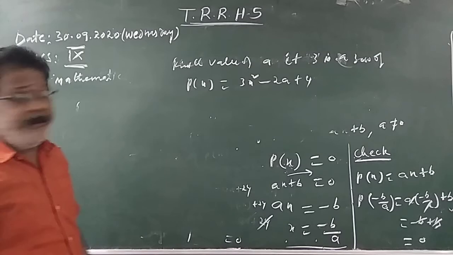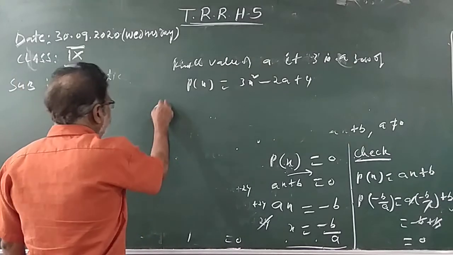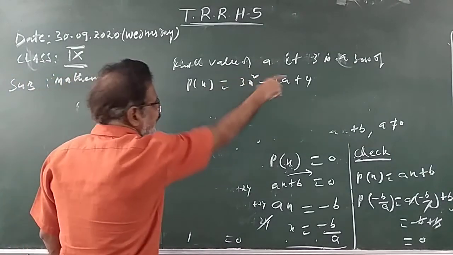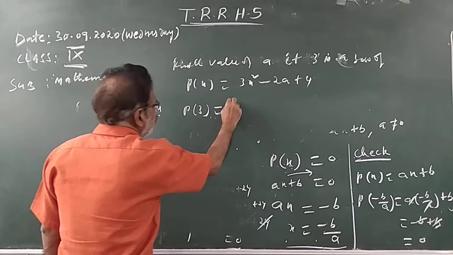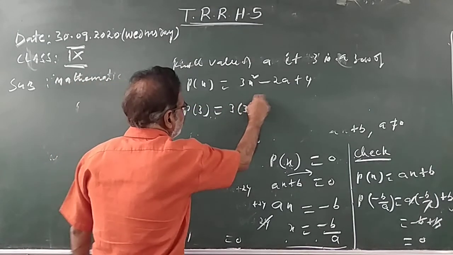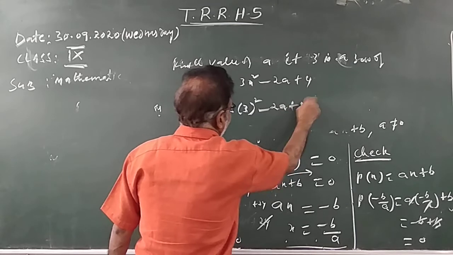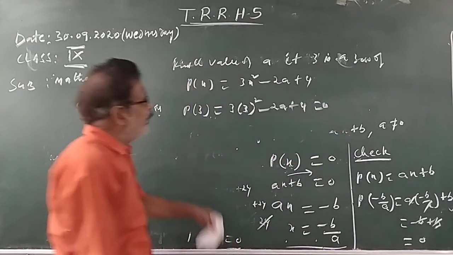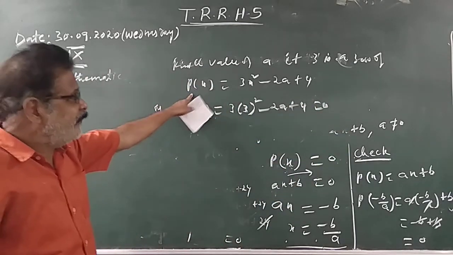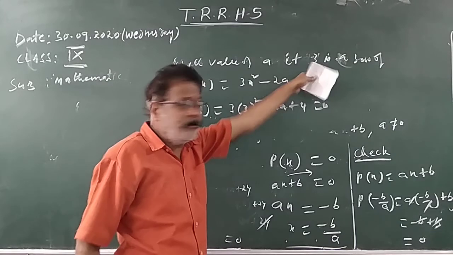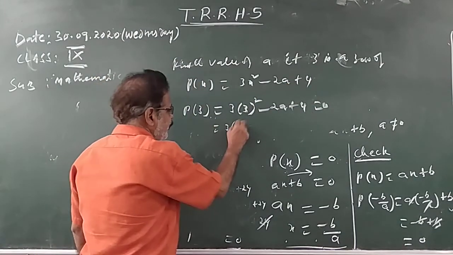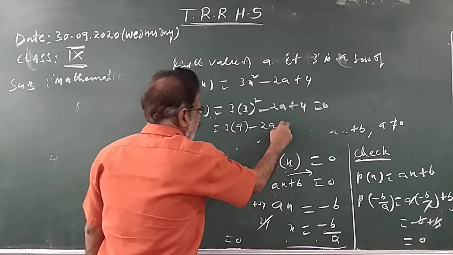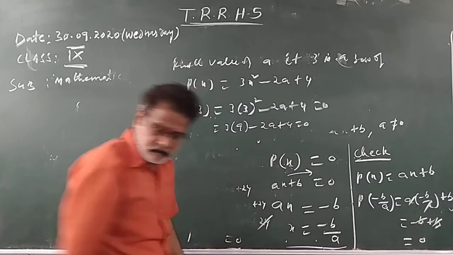What does it mean that 3 is a zero? The zero of p of x is 3. Put x equal to 3 in this. So 3 into 3 square minus 2a plus 4 is equal to 0.